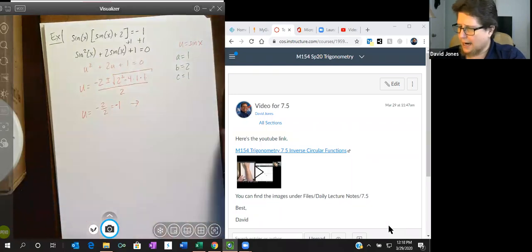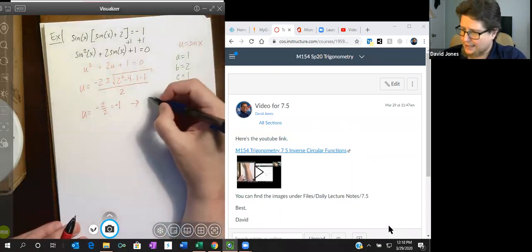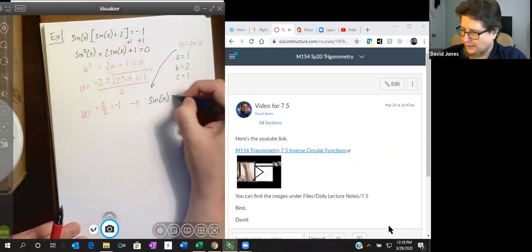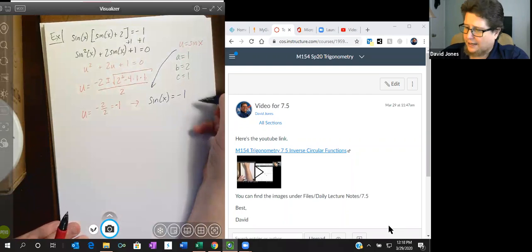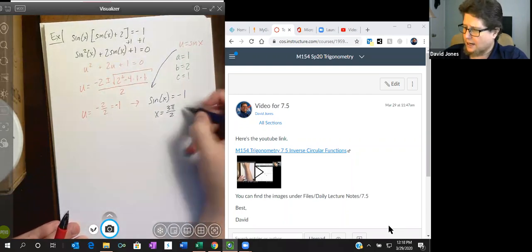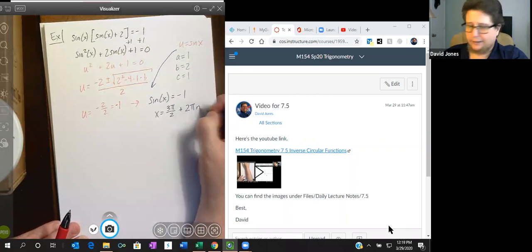Well, we've got to sub back. U is actually sine x. So sine x equals negative 1. And that occurs when x equals 3 pi over 2, and every lap around, so plus 2 pi n.